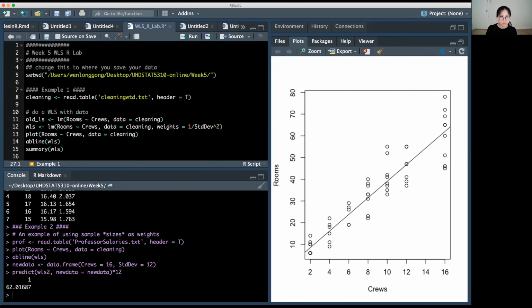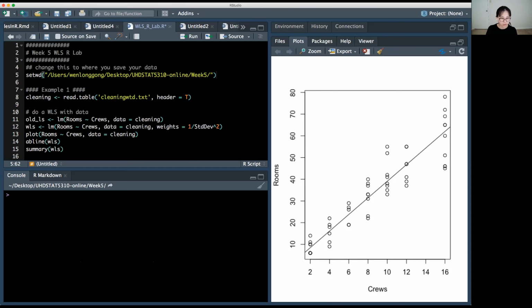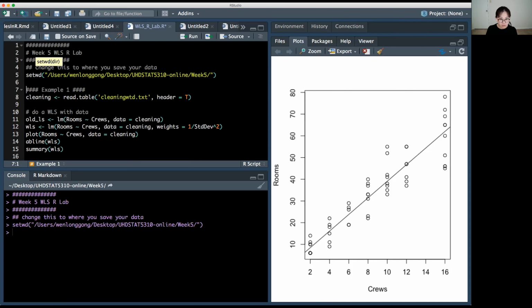Let's run it line by line. I'll clear it up and rerun it again. Set my working directory to where my data is saved, and now read my data in.